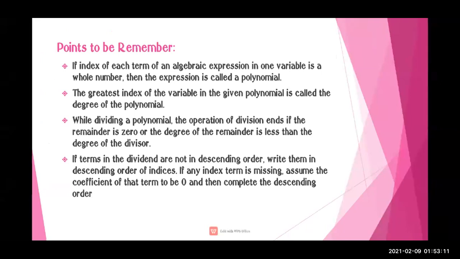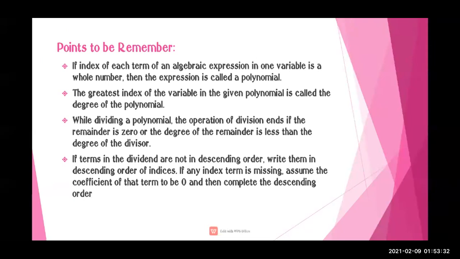Coefficient means a number, a value. Number value is called coefficient, and alphabets like A, B, C are called variables. Here are some points which you have to remember, which we have already done.